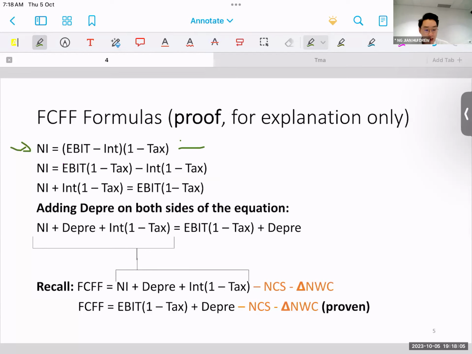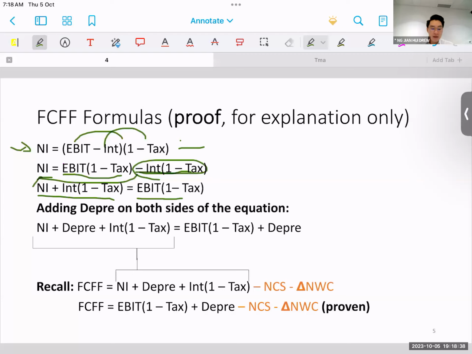Once we know that, I just did a multiplication. I multiply EBIT times 1 minus tax, which I get this here, minus interest times 1 minus tax. Then I shift the 1 minus tax to the left here, and that's where you get EBIT minus interest, times 1 minus tax.